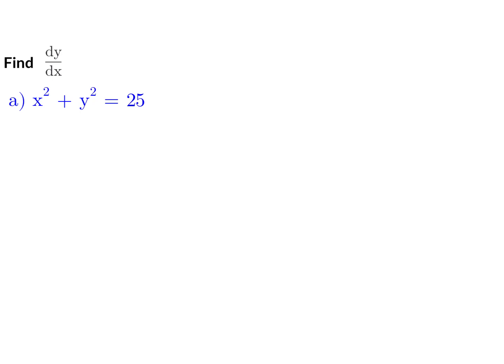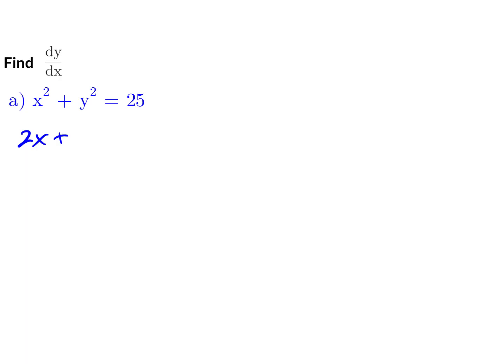So like I said at the beginning, the process of taking the derivative of each term is really the same as what we've done before. When I take the derivative of x squared, that's 2x. When I take the derivative of 2y, here's where it changes, because it's not in terms of x.